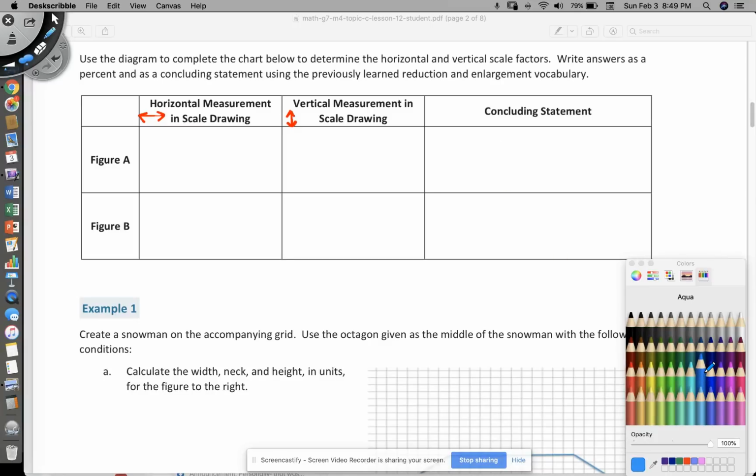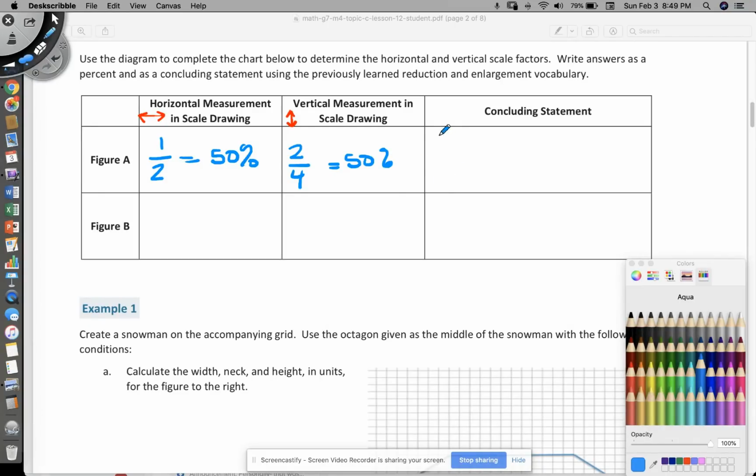For figure A, as we found just before, that was a horizontal measurement of 1 to 2, which percent-wise is 50%. Then for the vertical, which was 2 to 4, that also comes down to 50%.